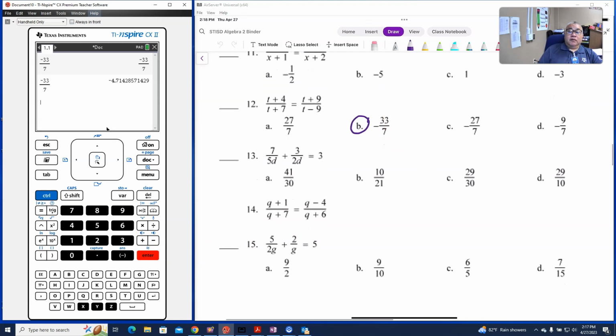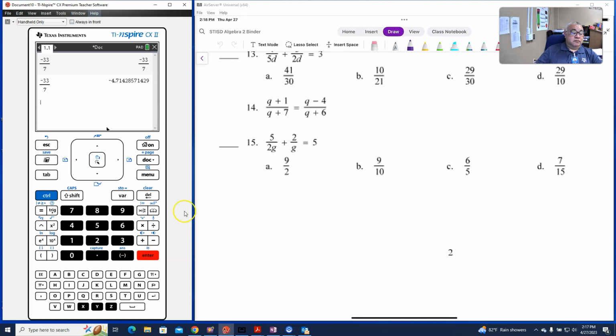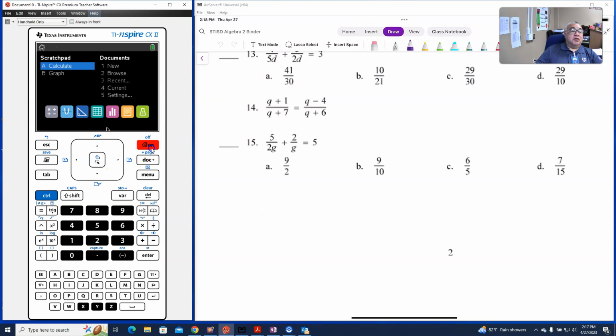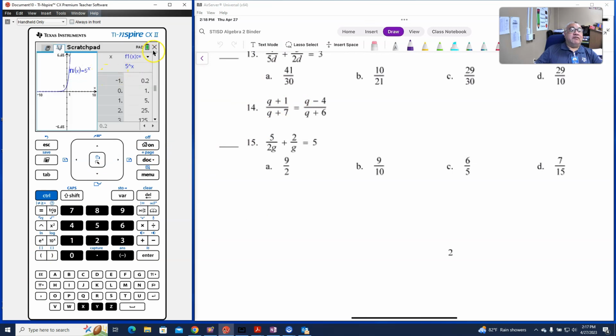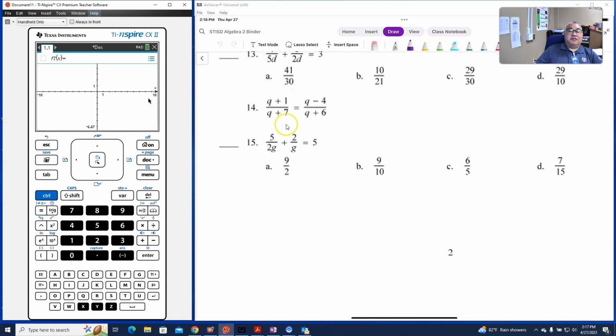Let's go ahead and try to do 14. So 14, let's go ahead and use our calculator. So we go to on, go to graph, and we're going to type in the left side. So it's going to be control division, and we have x plus 1, and then in the denominator, we have x plus 7.